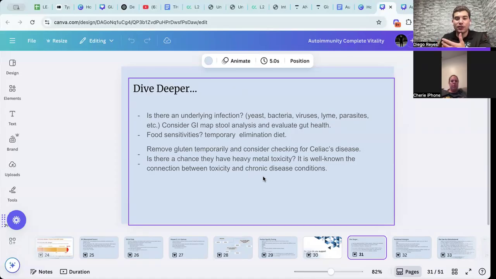And then on top of that, you're dealing with an underlying infection like yeast, so that's candida, because you have sugar cravings and crashes. You have bacterial overgrowth because you have bloating, constipation, abdominal pain, and an IBS label. You have viruses. You picked up Epstein-Barr virus and you didn't even know it. You had parasites, which don't just happen in third world countries, that happens here.